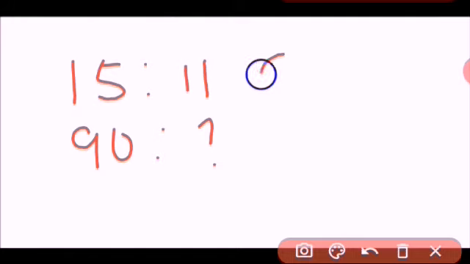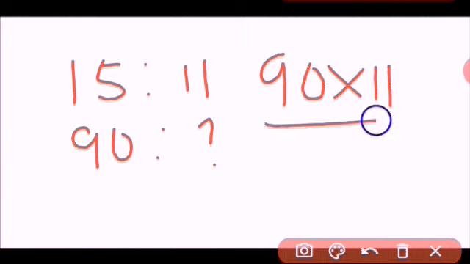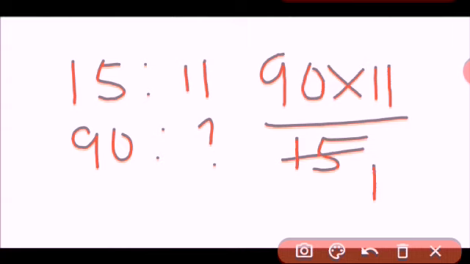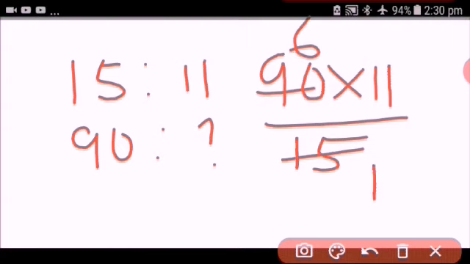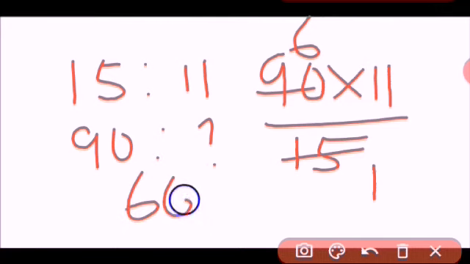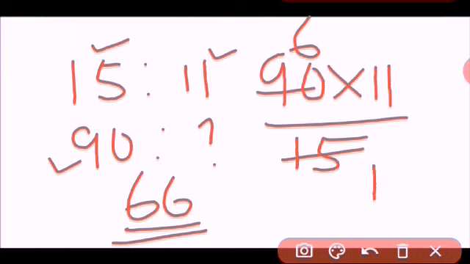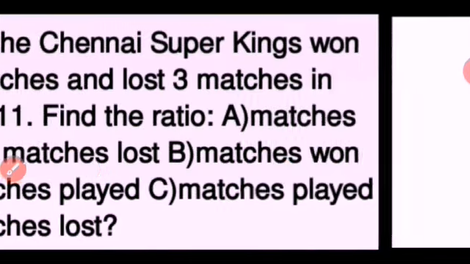Then 90 into 11 divided by 15. 15 goes into 90 six times. Therefore 6 into 11 is 66. If she throws 15 times, she will get 11 baskets. If she throws 90 times, she will get 66 baskets.